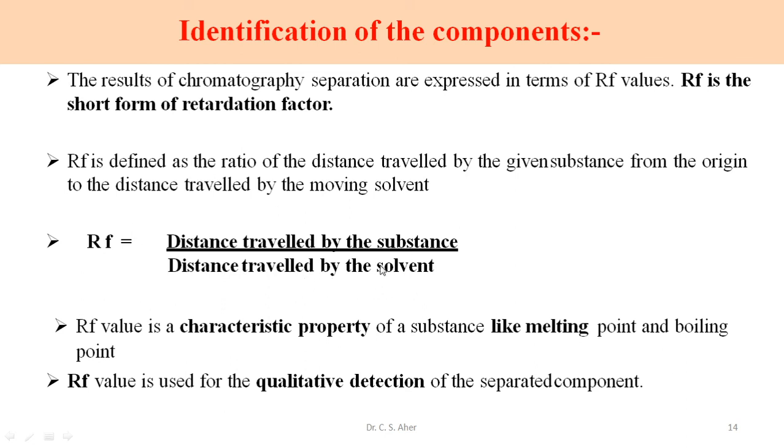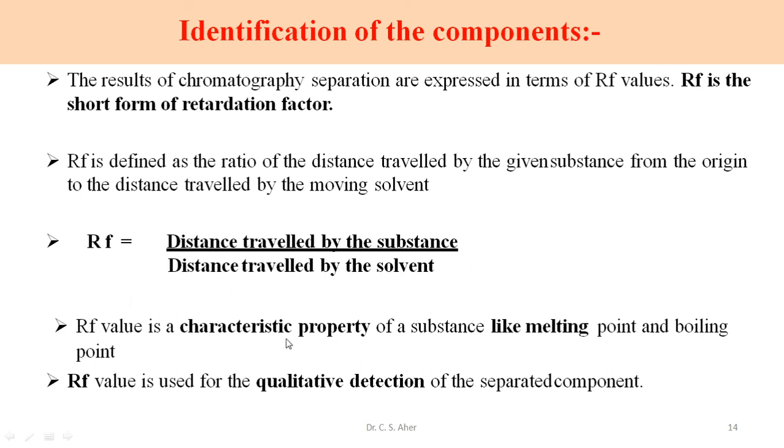And we know the solvent moves farther than the substance, or sometimes they are equal. If the distances are equal, RF is equal to 1, but this generally will not happen. The solvent moves a slightly greater distance on the paper than the substance, so the substance distance is less than the solvent distance, and the RF value is always less than 1.